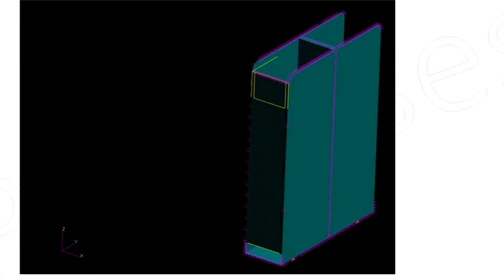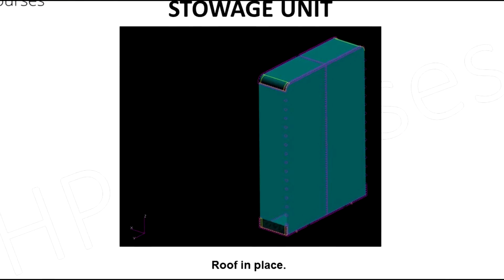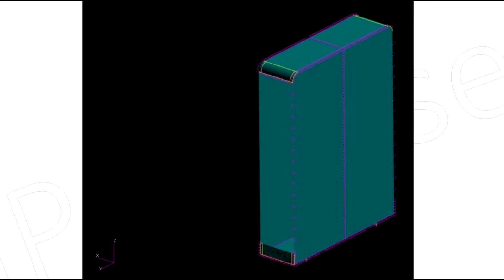You can ignore these for the CATIA model, the SolidWorks model, but these purple dots signify a method of fastening the panels together. Don't forget, in this CATIA model, those panels need to be independently made and just located so it looks like the stowage unit. It's going to be similar in the FE model to come, where every panel is made independently, is not connected to its adjacent partner.